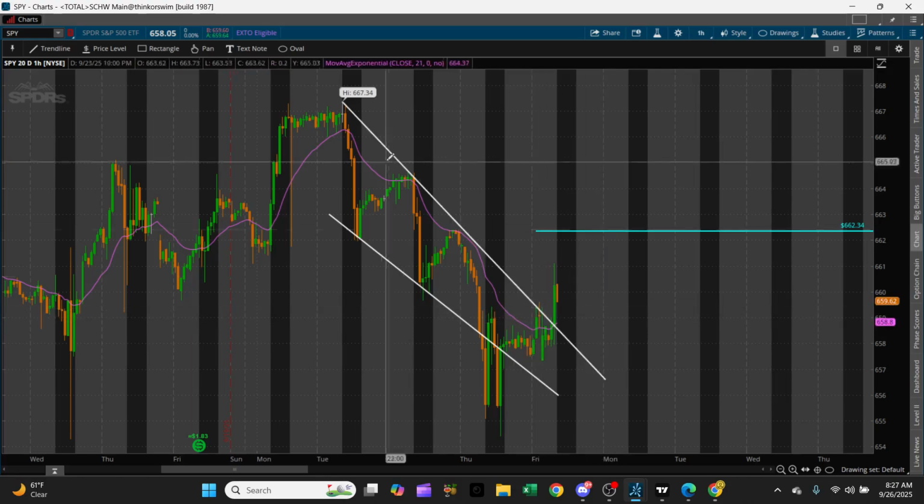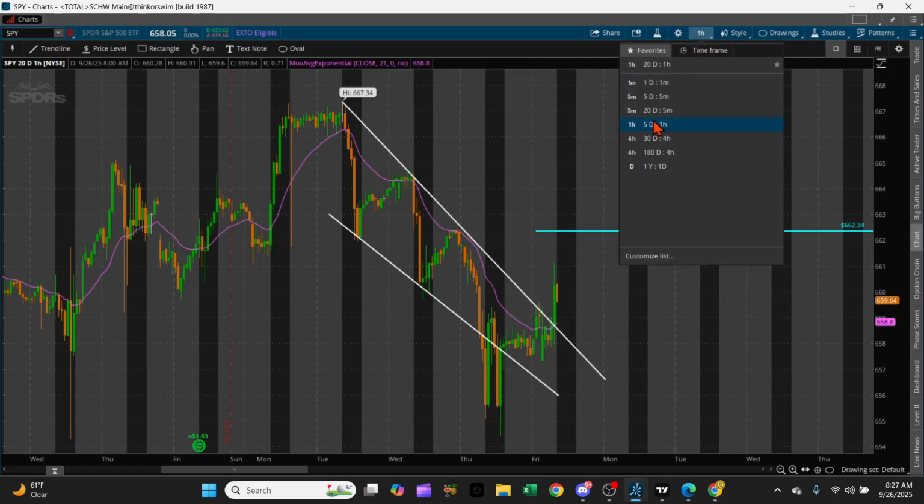You get the breakthrough right here, which I think I did on the 5 minute. So let's lower the time frame, because there is no interruption on this falling wedge except for this noise, volatility, liquidity area down here at the bottom.